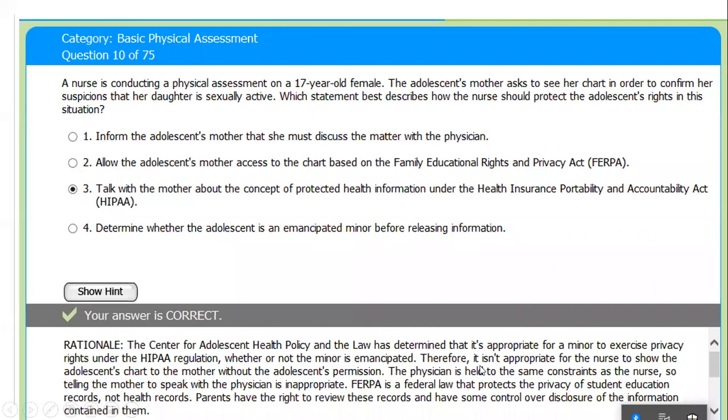Therefore, it is not appropriate for the nurse to show the adolescent's health information to the mother without permission. The physician is held to the same standard as the nurse, so the rules are equal for all. And we are healthcare providers, so we have to follow the national guidelines and agency policies.